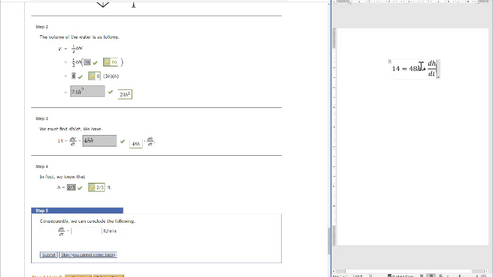Okay, now we're looking for dh/dt, so we can solve by dividing by this, or we can put in the value for h right now. That might be a little bit easier. So let's put in the value for h. And remember, the value for h is 2/3.